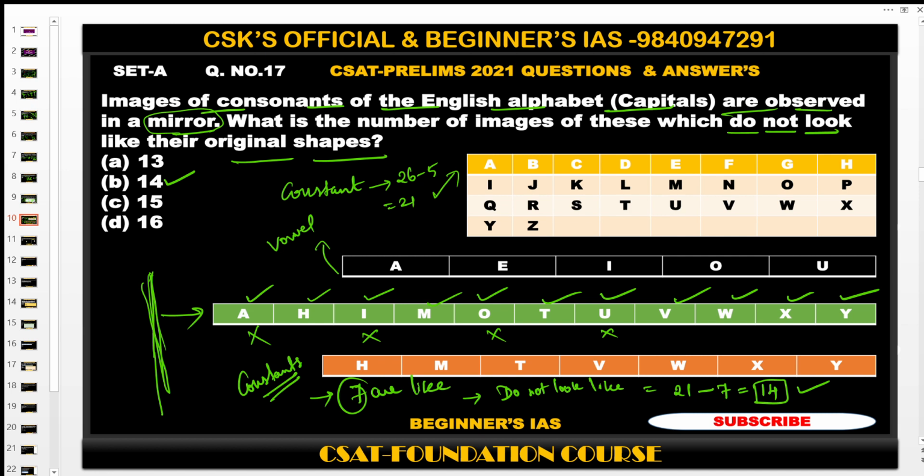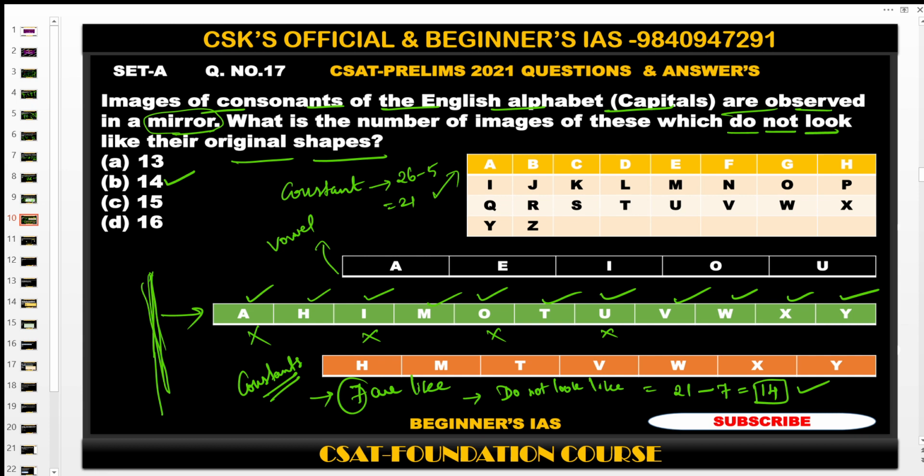Listen carefully, I am not saying, okay, you may say 15 is also an answer. Why 15 is also an answer: when you place the same mirror horizontally, the answer will become 15. But in general, if you are not aware whether the mirror is in a horizontal or vertical position, you need to take a risk at last.